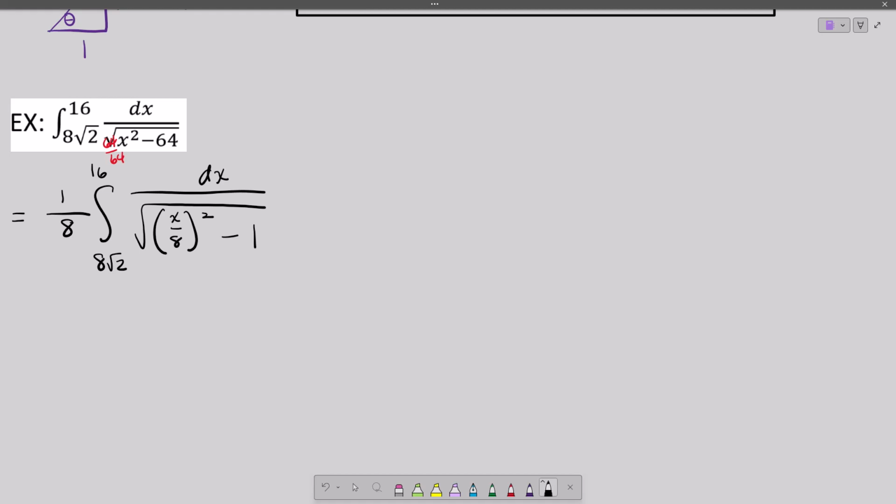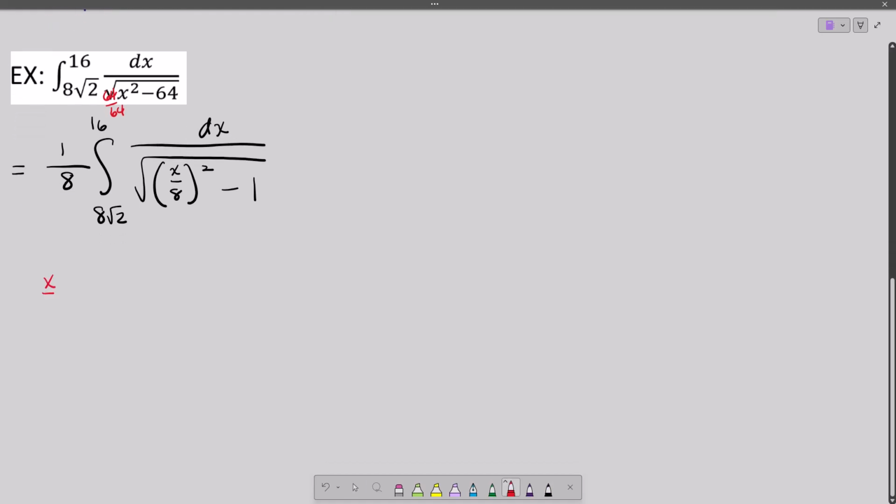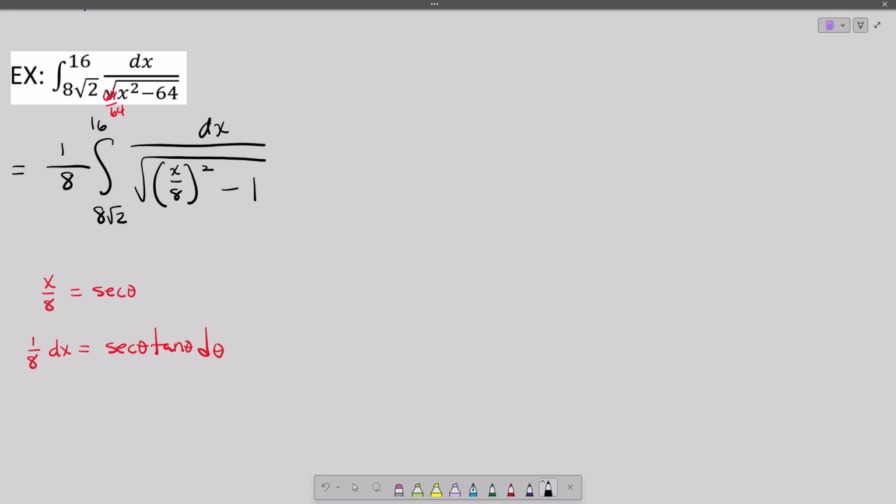Sine, secant, or tangent? Definitely not tangent. So sine or secant. It's going to be secant when it's a trailing one, sine with a leading one. So our substitution is going to be x divided by 8 will be secant of theta. And then when we take the derivative of both sides, we'll get 1/8 dx. Derivative of secant is secant theta tangent theta. So we have that. So we'll have 1/8.